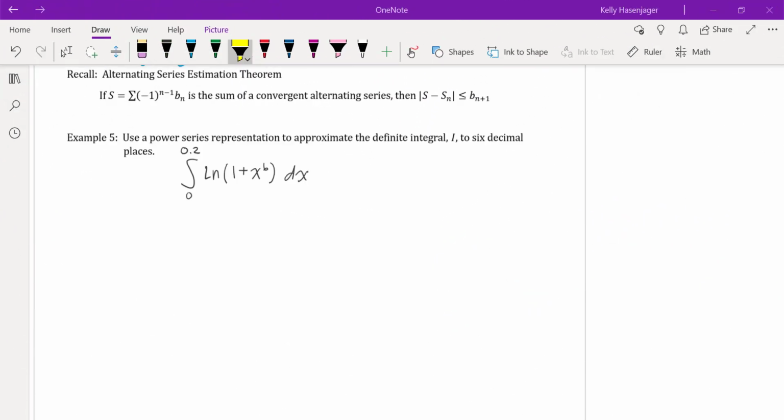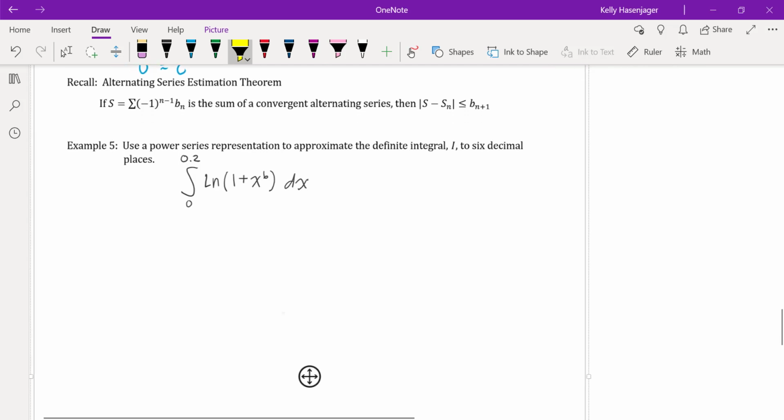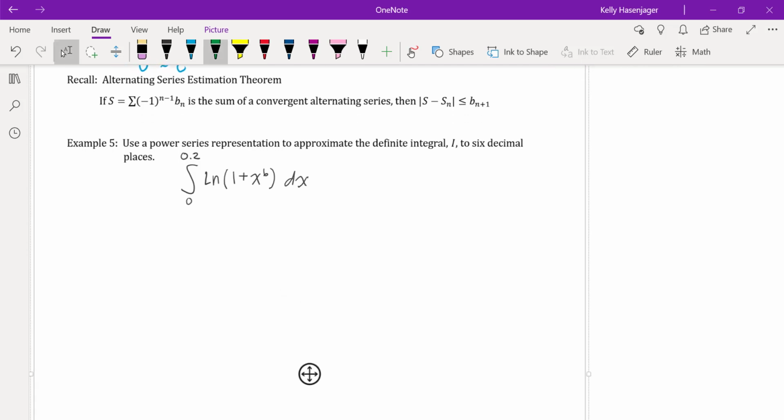Alright, so we're going to start up on page 71 of our notes, and we're going to recall the alternating series estimation theorem. It gives us a way to handle a series that has infinitely many terms when it's not easy to find the exact value, but we can measure how far we are from the actual sum.